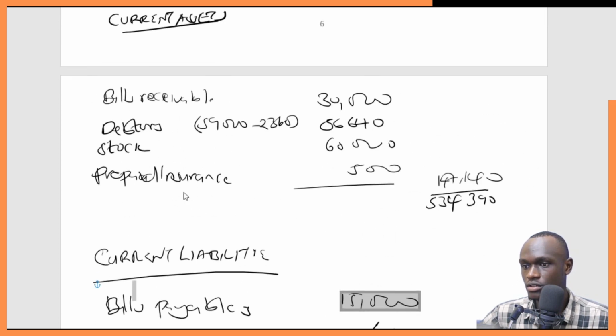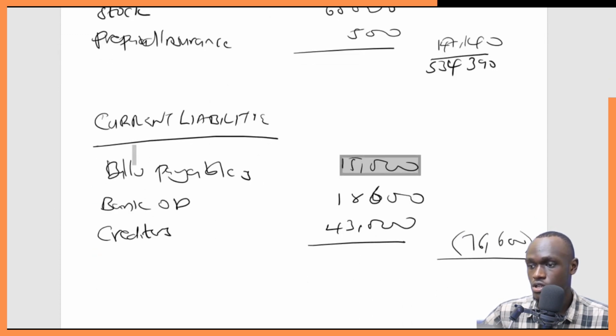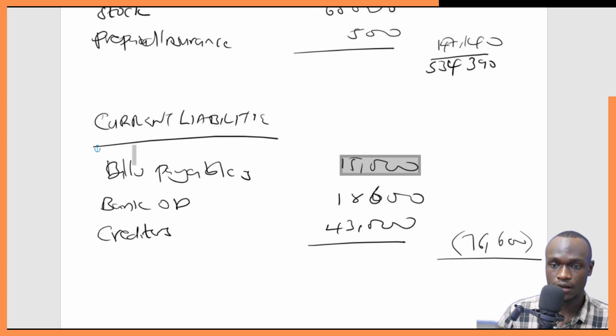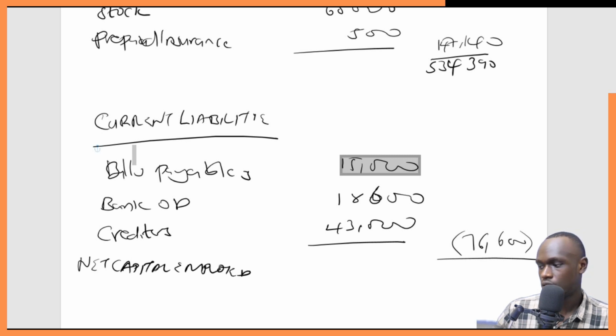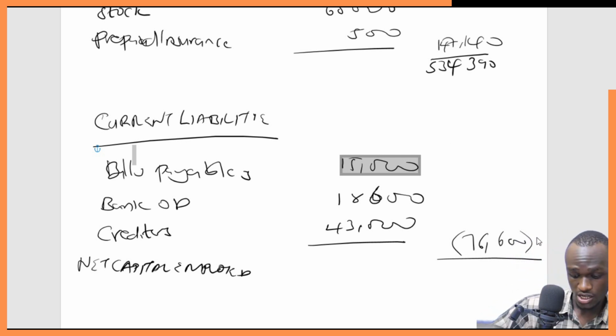So we take the total assets minus current liabilities to get the net capital employed. Net capital employed is total assets minus current liabilities, 534,390 minus 76,600.